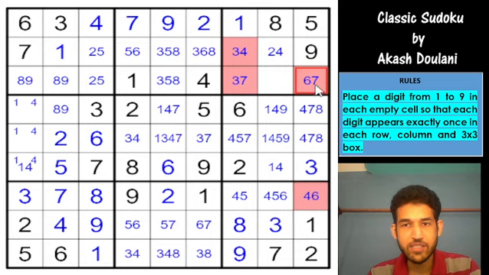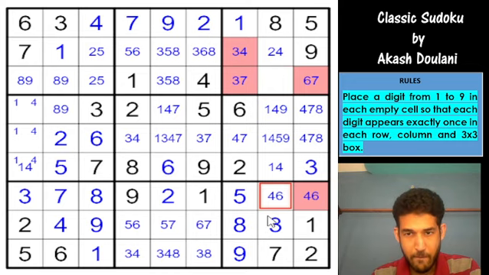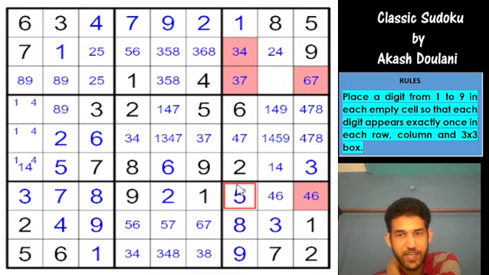So 4 6, 6 7, one of these cells would be a 4 7, so I have an invisible Y wing pattern, so the common digit, this cannot be a 4. So that becomes a 5, and that becomes a 4 7, and that becomes a 4 6. And all that we did for just getting one digit, guys. I was hoping for more actually.